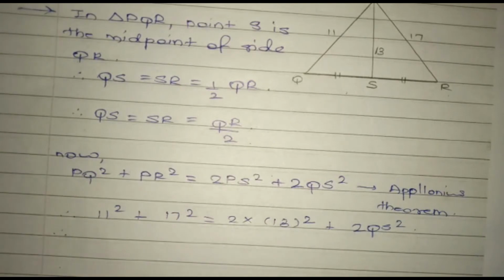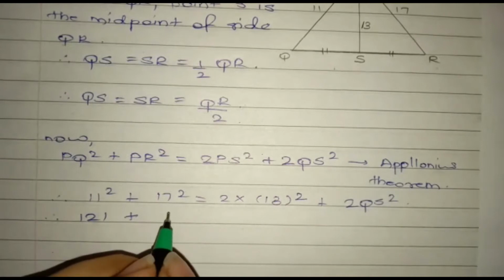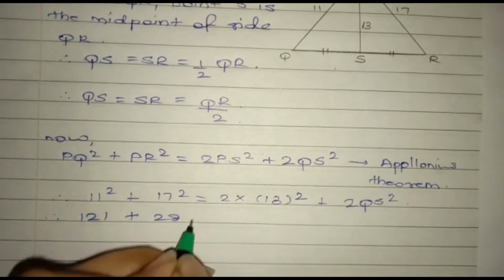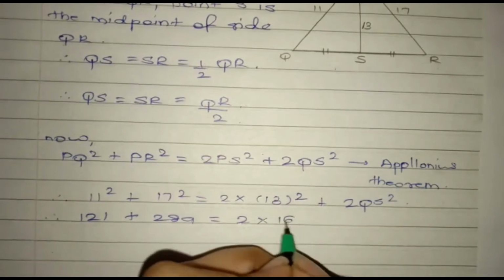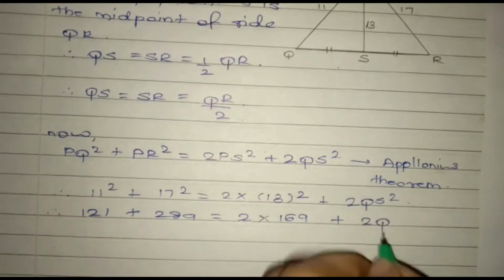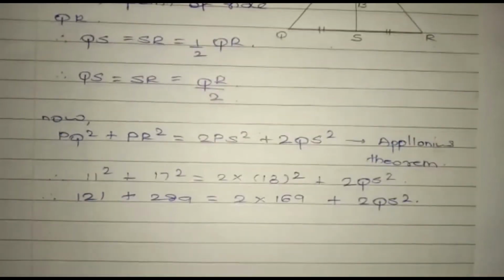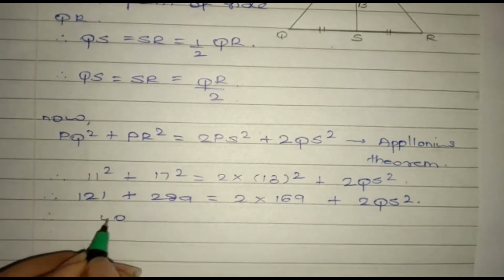Therefore 11 square is 121 plus 17 square is 289 is equal to 2 into 13 square, which is 169, plus 2QS square.